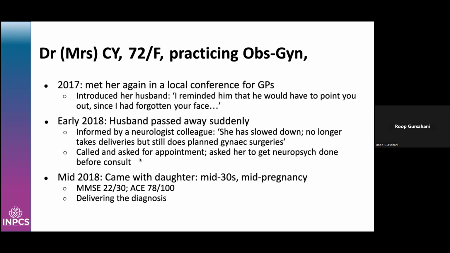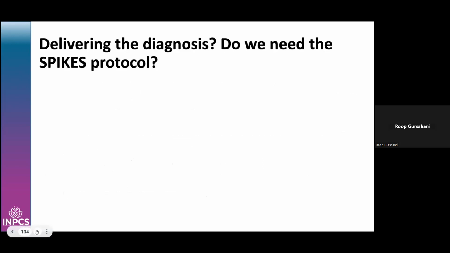So this time she came with the daughter, the daughter who had married out of caste, who was obviously her favorite child. The daughter was in her mid-30s, mid-pregnancy, and madam was definitely in dementia. I actually delivered her the diagnosis because she remembered what we discussed.